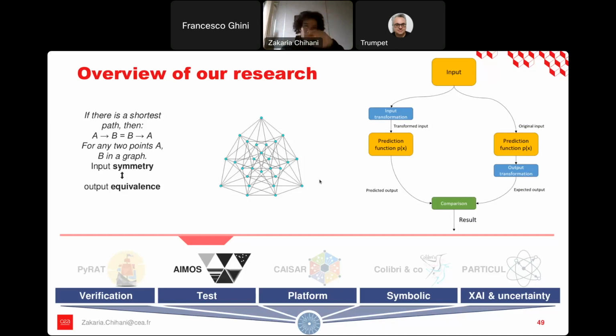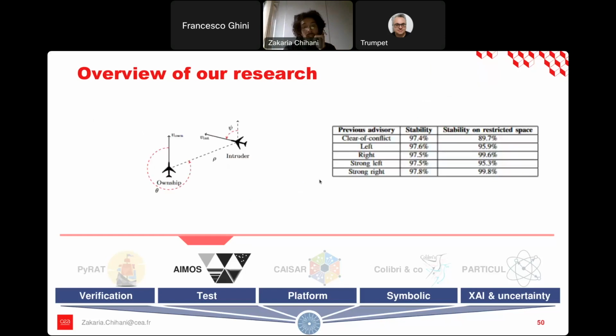So you take inputs, you have transformations on the inputs and transformations on the outputs, and you compare the two. We used this with ACAS, again the air collision avoidance system. You take your domain of application and ask yourself what relations you can extract from your usage to test your model.